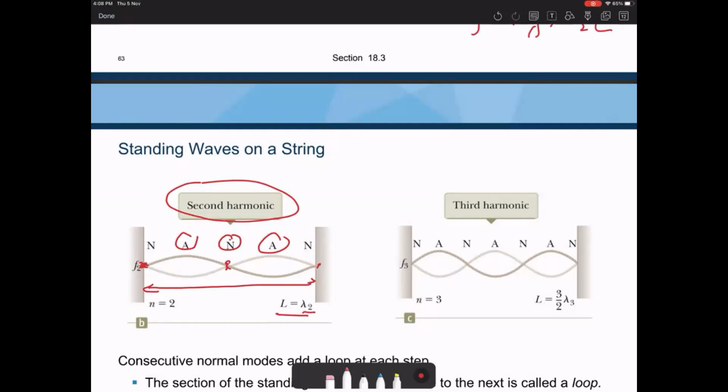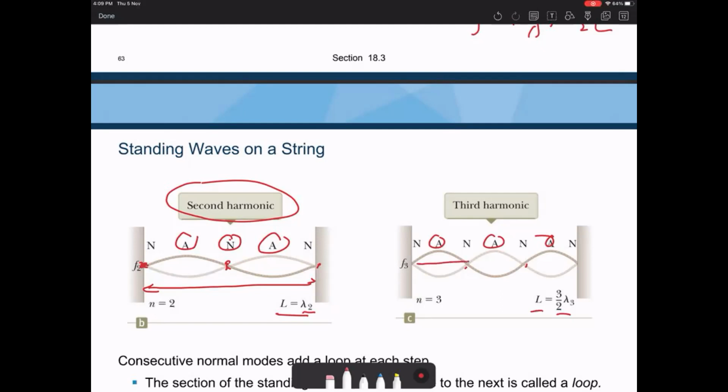The next more complicated scenario is supporting three anti-nodes. And of course, in between the anti-nodes, there would be nodes as well. What about the relation between the length of the string and the wavelength?